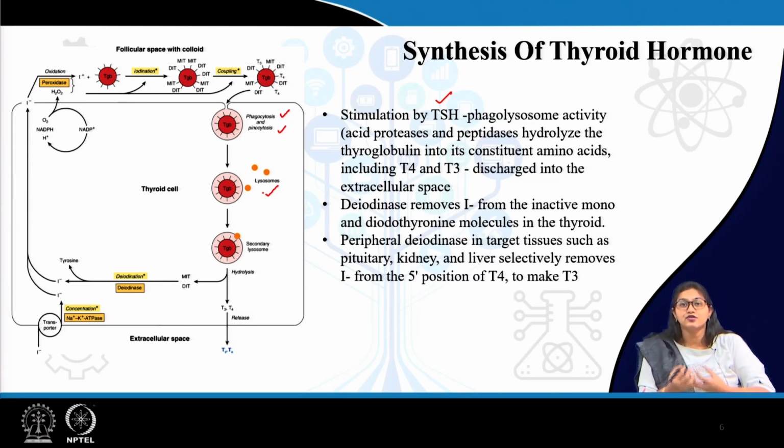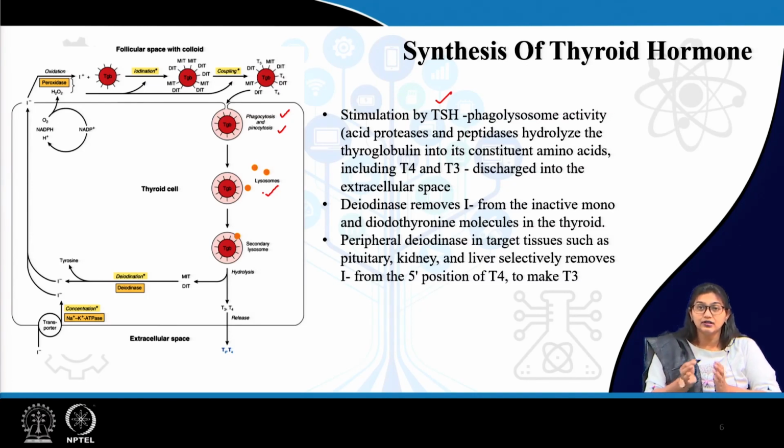In the lysosome, there are different proteolytic enzymes, proteases, peptidases. They break the bonds between T3, T4 and thyroglobulin, releasing T3 and T4 in the extracellular space, and T3, T4 come out from the cell and go to the circulation.